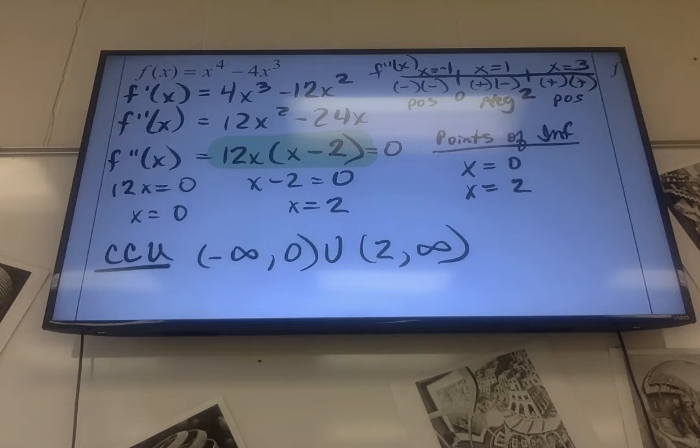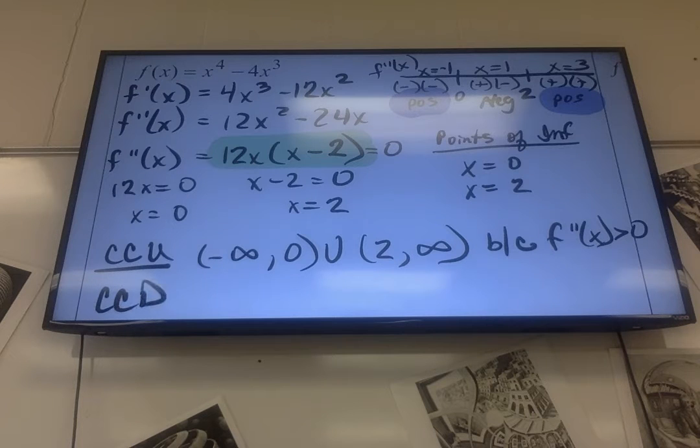We look at where it is positive. That goes from negative infinity to this point of inflection, which is 0, and then from 2, that point of inflection, off to infinity. And we're supposed to justify our reason, so that's because f double prime of x is positive.